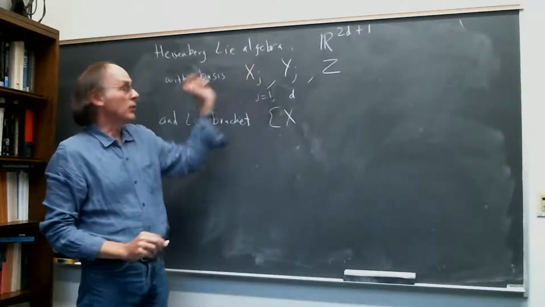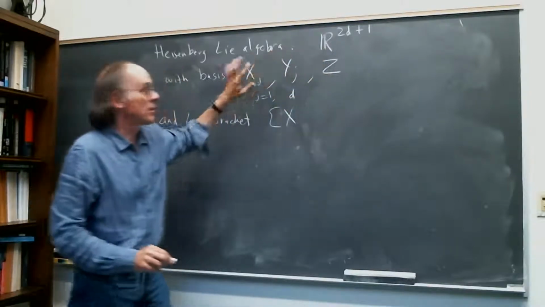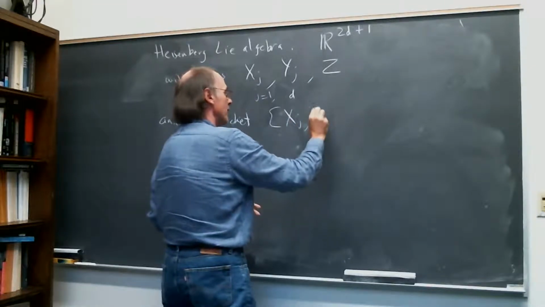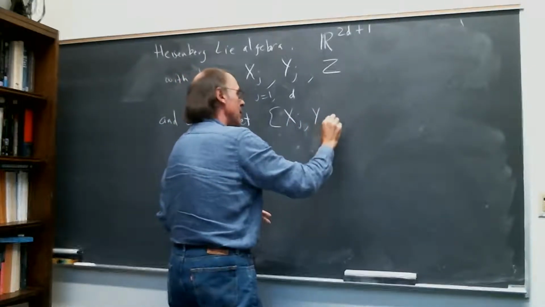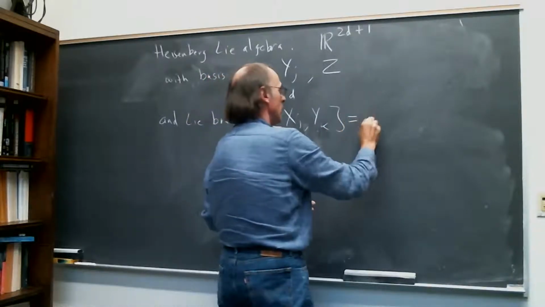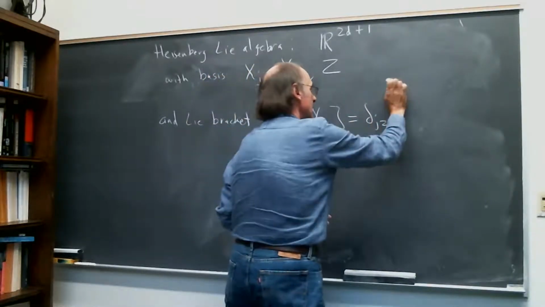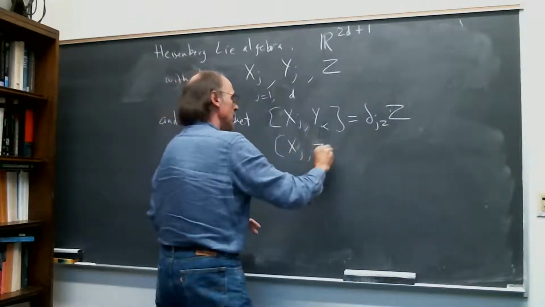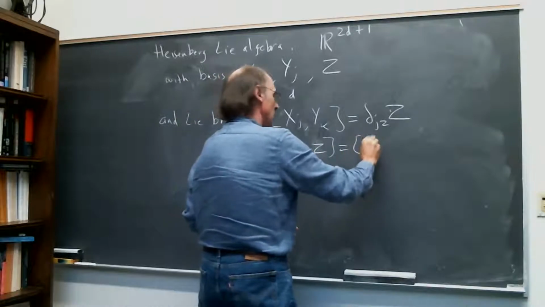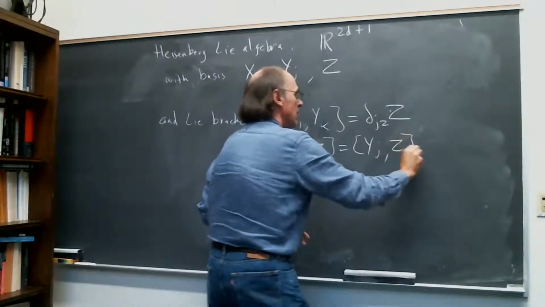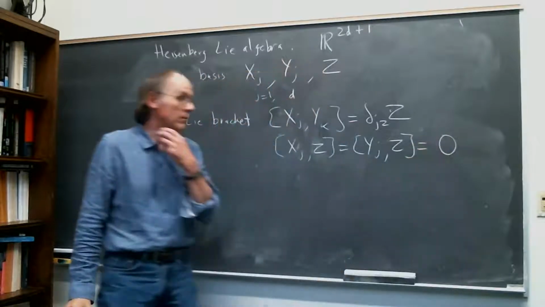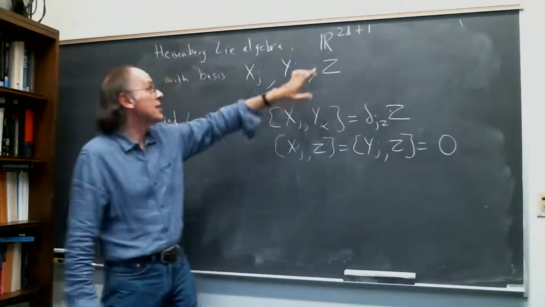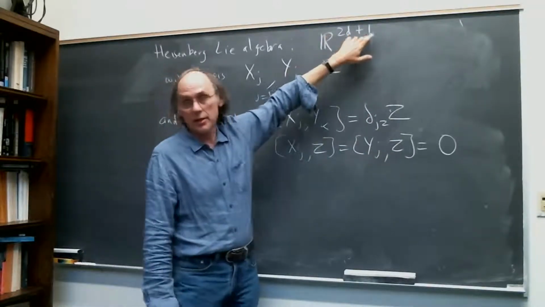The Lie bracket is defined on any vector in here by what it does on a basis, so it satisfies these relations, with the bracket equal to Z. One of the directions in here is distinguished, and that's why I write it this way.